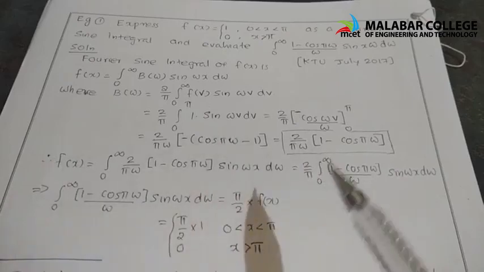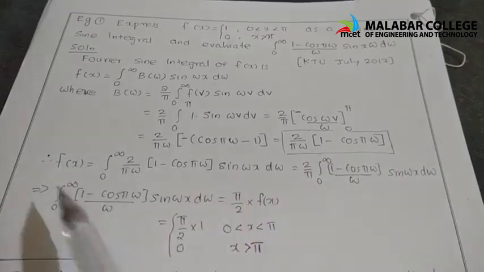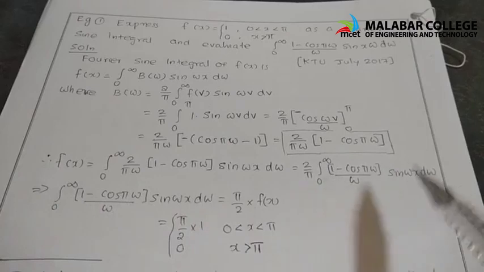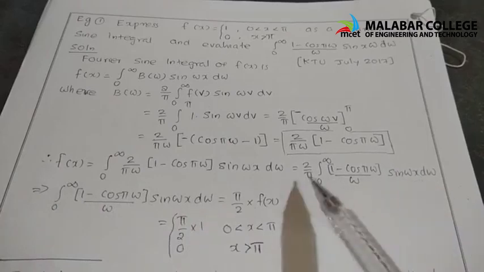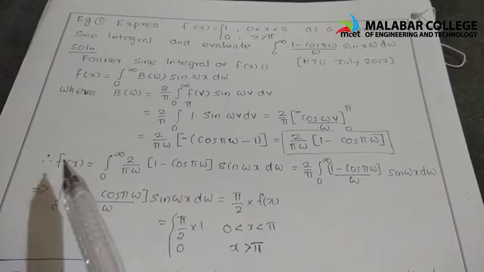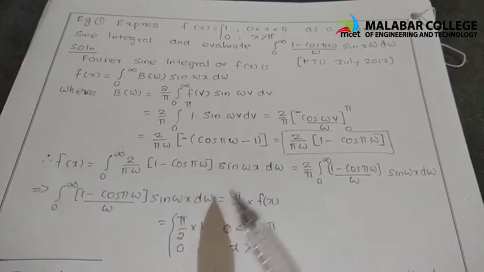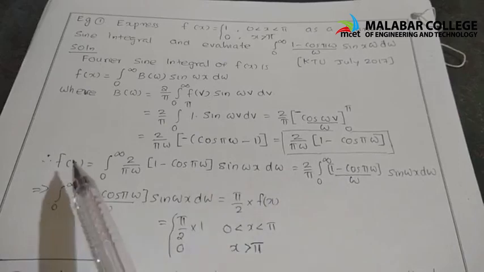So I am writing this integral 0 to infinity 1 minus cos pi omega by omega sine omega x d omega, which is this from here to here, equal to 2 by pi, which I have to take to the left side, so it is pi by 2. 2 by pi will come upside down, it is pi by 2 into this f of x.